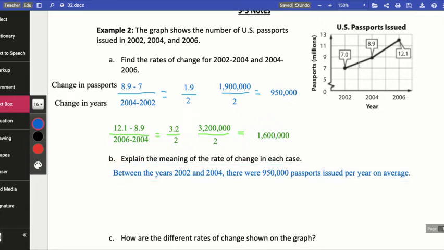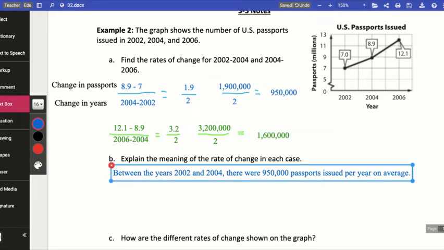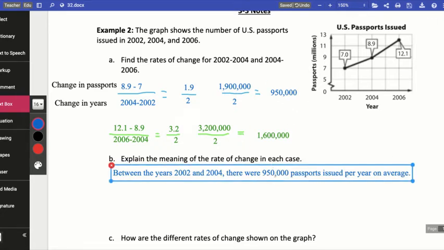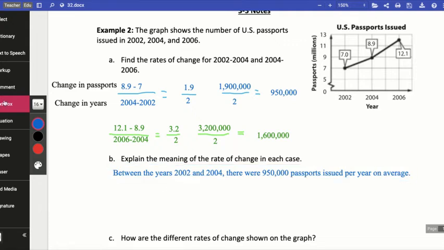I want you to recognize that the rate of change is per year. It doesn't mean that there were this many issued in total, because we know that there were 1,900,000 passports issued. It was per year and it was an average. It does not mean that there were exactly 950,000 passports issued. I want you to recognize there might have been 1 million passports issued one year and 900,000 issued the other year, but it is an average.